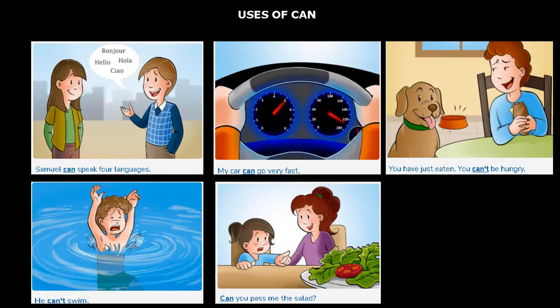Okay, example number 3. Enrique, can you read the third example, please? He can't swim. He can't swim, okay? So here we're talking, as for example in the first sentence, we were saying that he can speak four languages, right? It's something that we know because he told us, maybe.